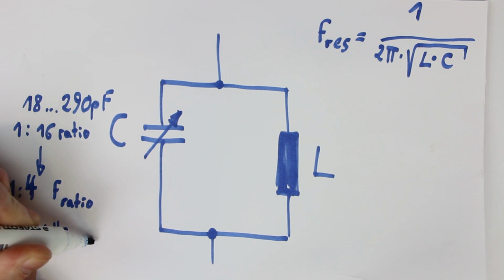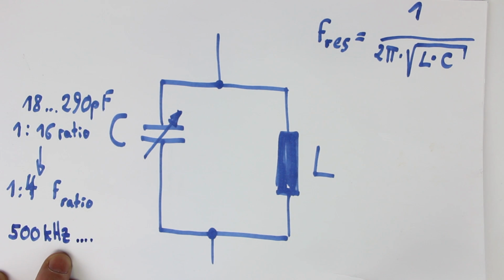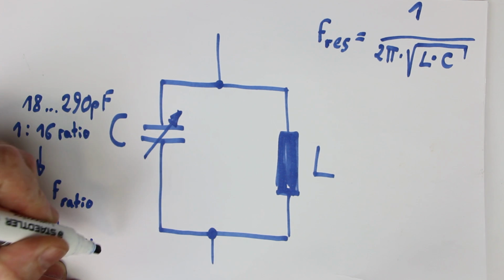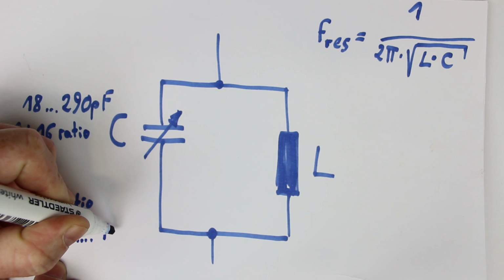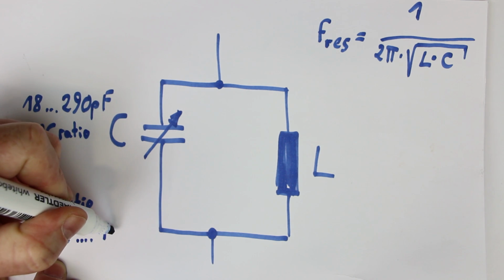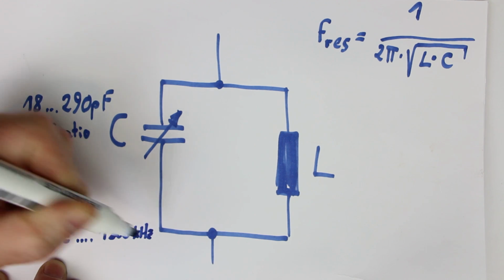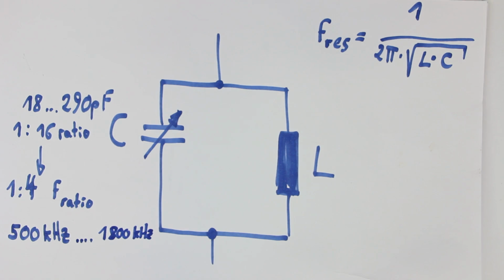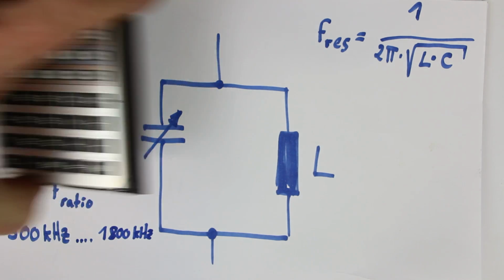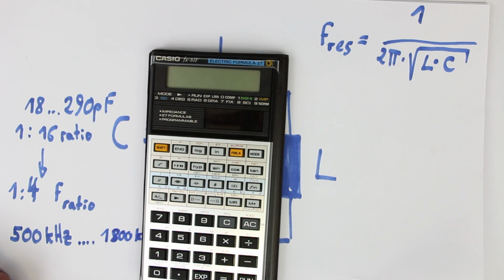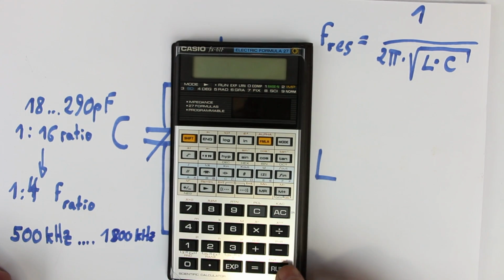And the higher end in Europe is 1605 kilohertz, and in the US it's even a bit higher, 1720 kilohertz. So let's round this up to, let's say, 1800 kilohertz.